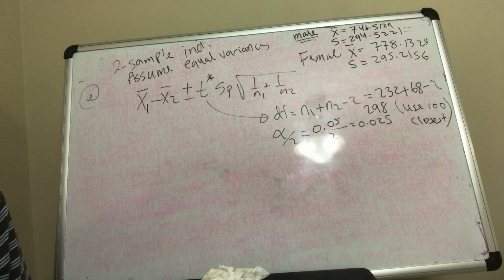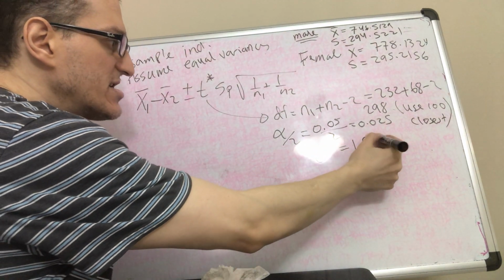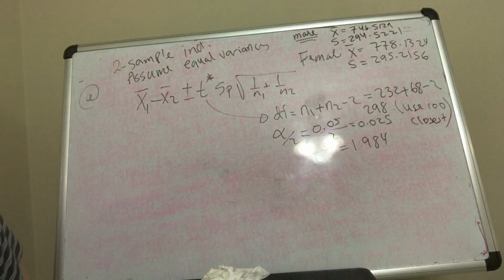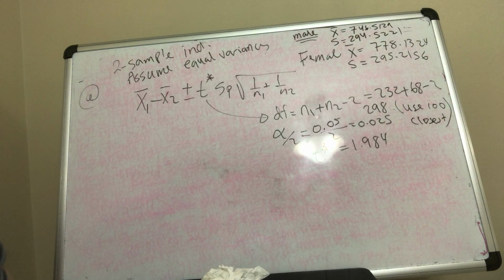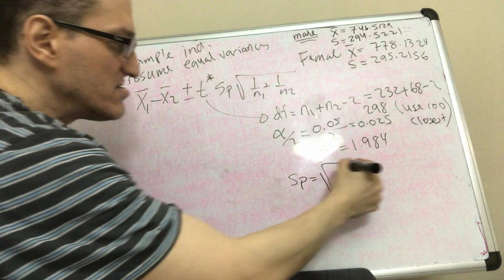So the T number I'm going to use is 1.984. So T star is 1.984. Double check. Yeah.